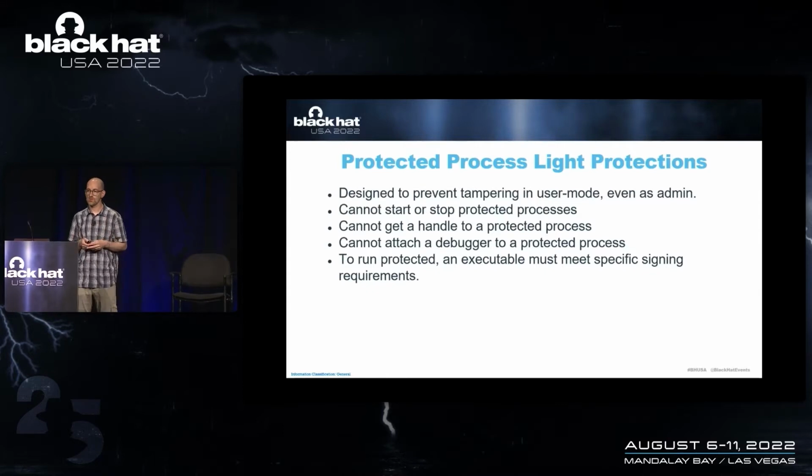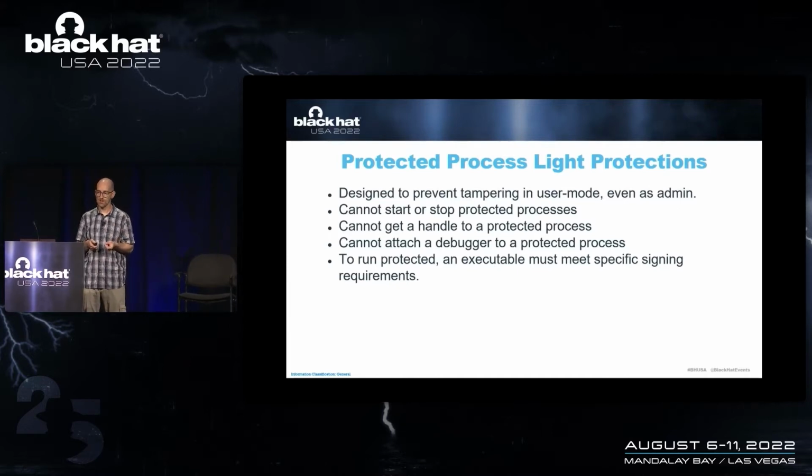It's designed to prevent admin tampering as well, even things running as system. So you can't start or stop a protected process. More specifically, it's harder to stop than it is to start a protected process. You can't get a handle to a protected process. You can't attach a debugger.